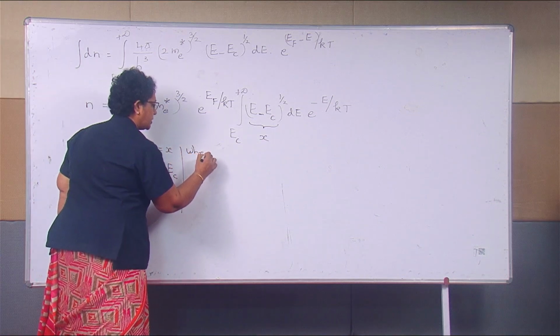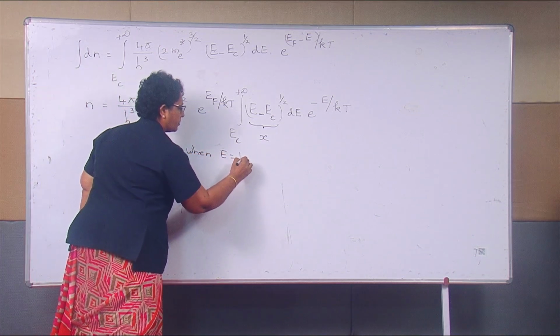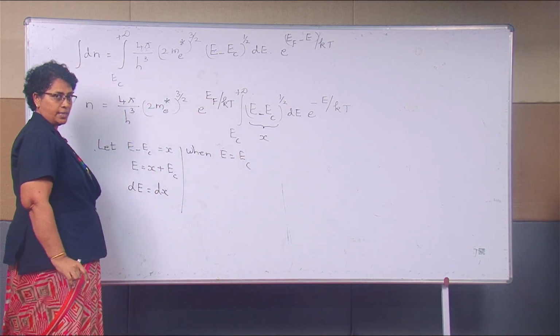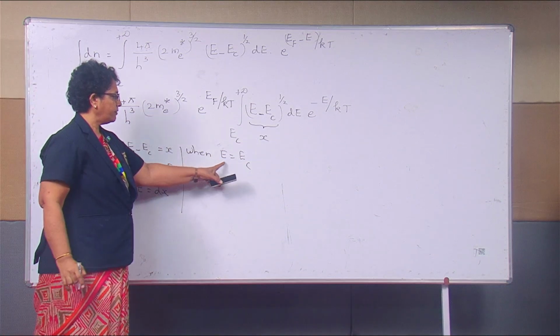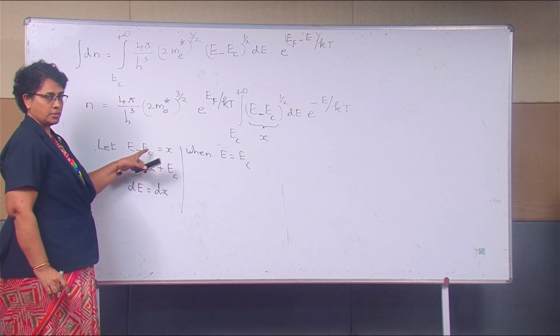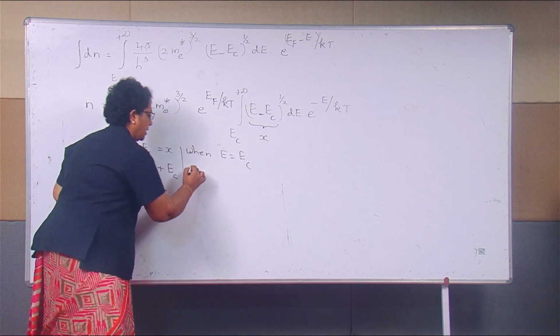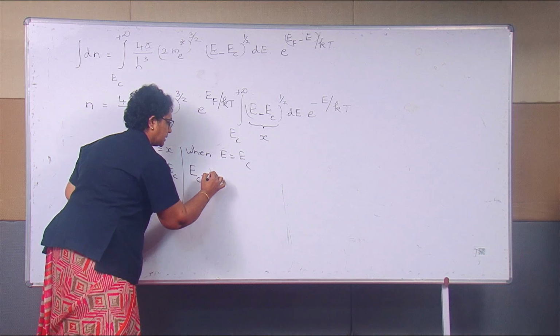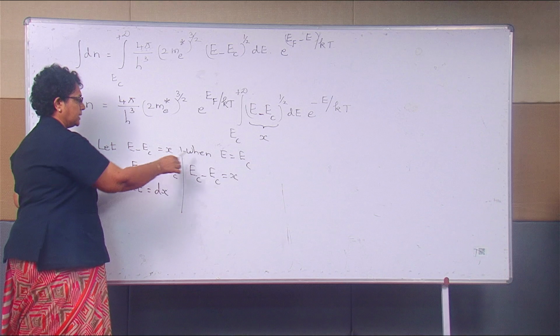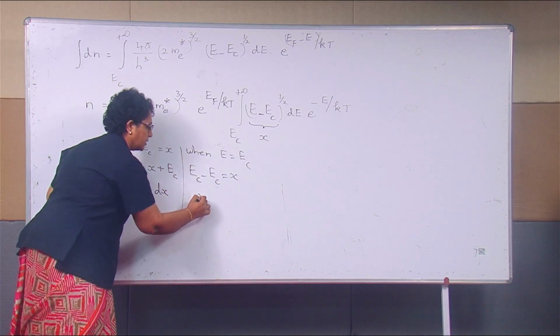So when the energy level is EC, because this EC is one of the energy levels, plus infinity is another energy level. So when the energy level is EC, what can be the x? EC minus EC is equal to x. So when you substitute this E as EC, x will become as 0.